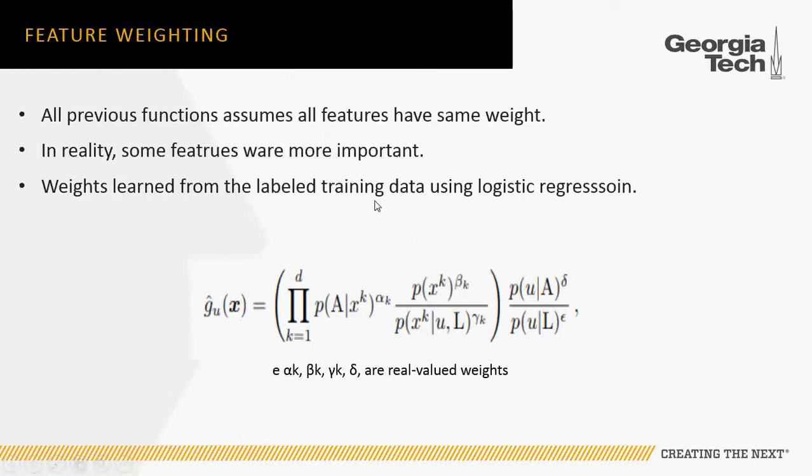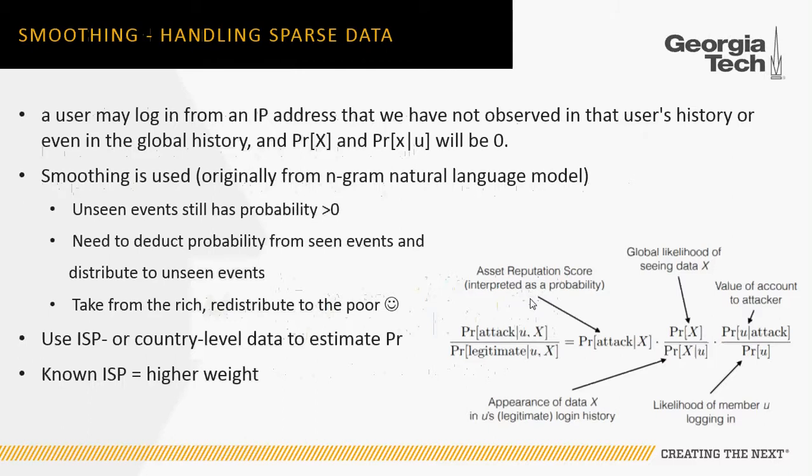We can do this using logistic regression on known data, but it must have labeled data. It must be from some account with attack history. So we can learn the weights and incorporate them into the equation. This is the final equation in the paper.